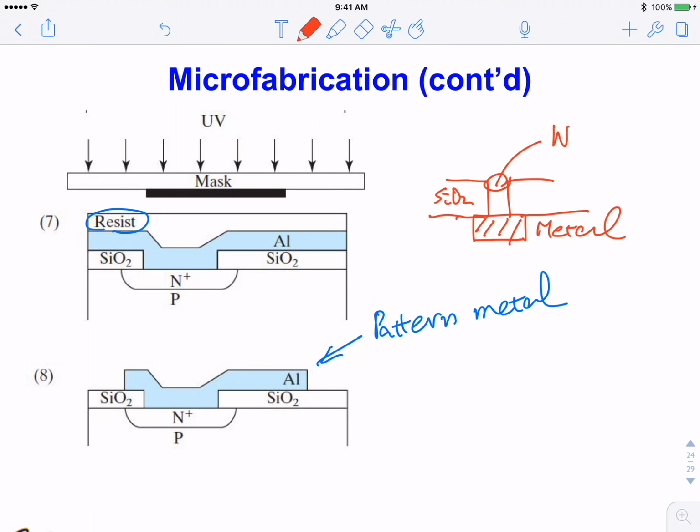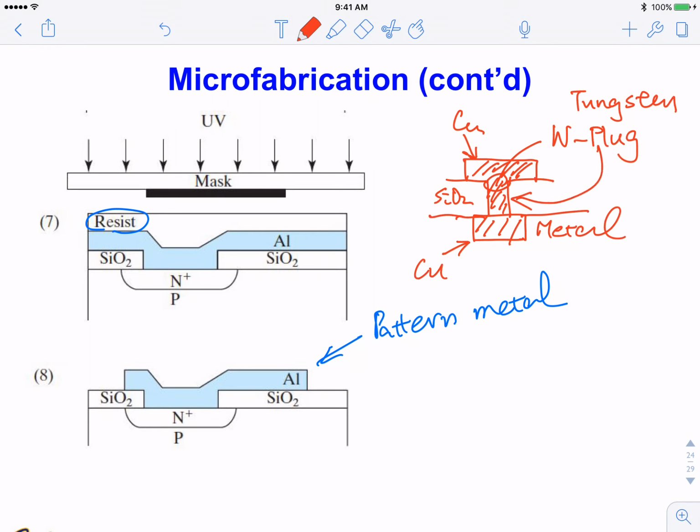Tungsten is often used to fill those holes. These are called tungsten plugs. It literally looks like a tiny plug, and after the plug is filled, you put another level of metal, and this metal will be copper, and the copper will contact the bottom layer copper through this tungsten plug here. And so it's decades of experience on choosing what materials and how to deposit them, so they are very uniform and conformal when going into tiny holes.